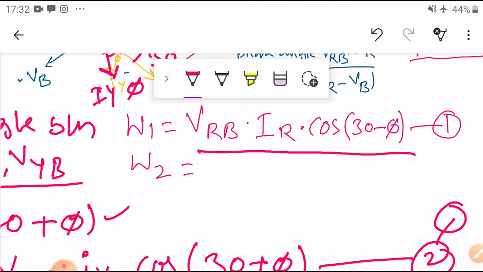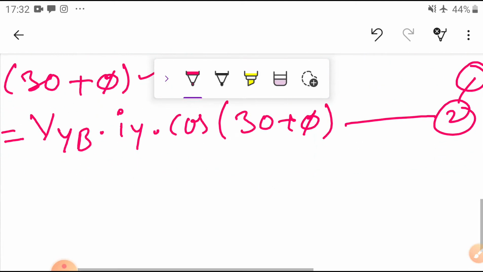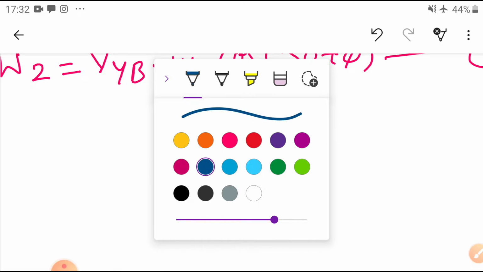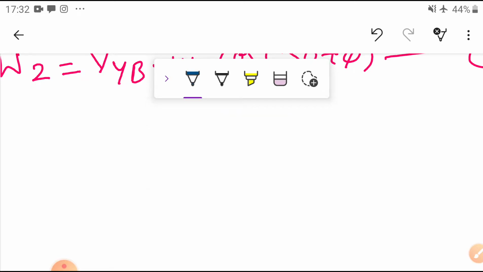Now from this we are going to add W1 and W2. What will happen? We are going to see. Okay. So let us see. Dear students, please don't confuse. One by one, we are going to learn. So what happens here? W1 is equal to, what is the value? So we have got it.